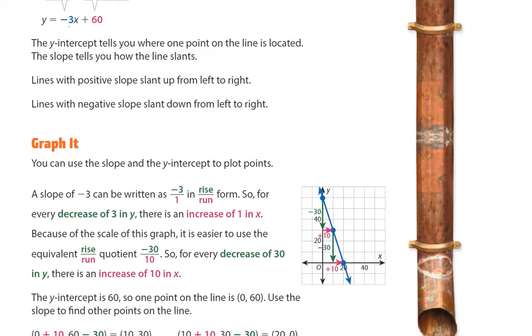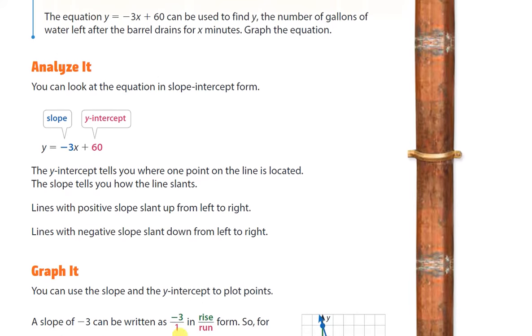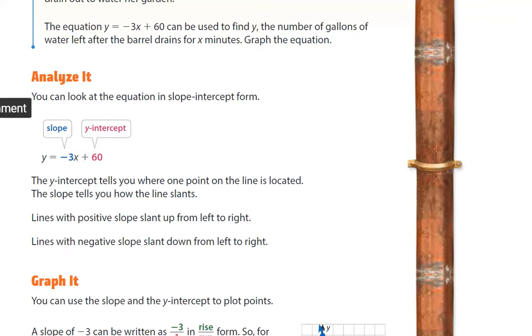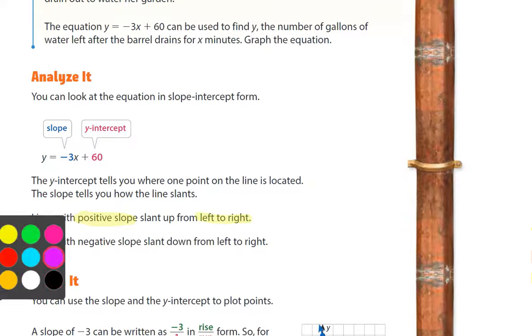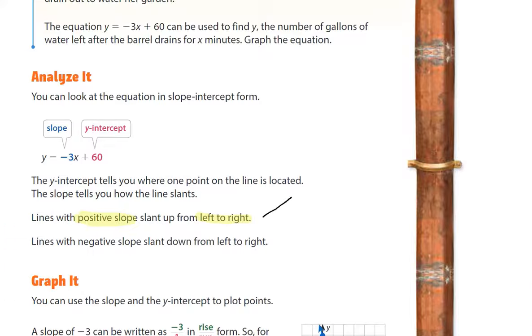And we've got to analyze it and graph it. So let's see what it says here. It's got a hint for you here that says, where's my highlighter? There it is. If the slope is positive, the slant is up from left to right. So lines that have a positive slope go this way.